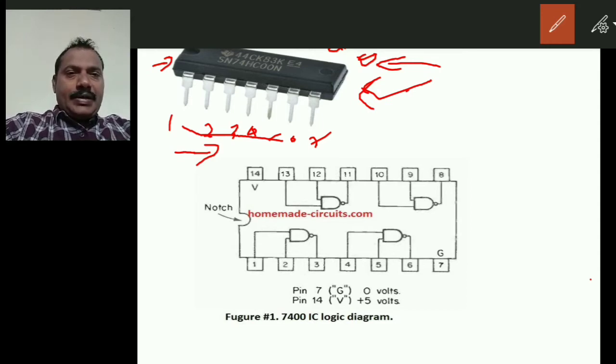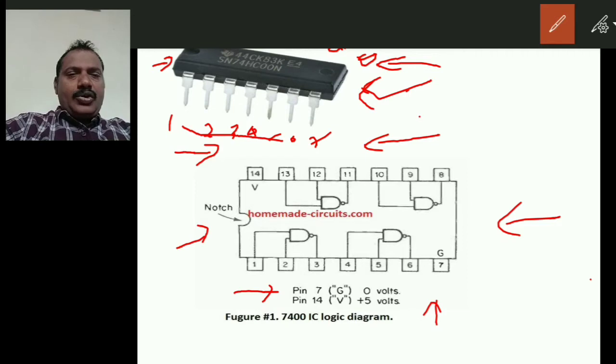Here also in the same IC, it is shown like this. Observe the notch in the diagram, and this is the physical, actual IC. These are the pins 1, 2, 3, up to 7, and up to 14. It is counted from bottom to top on one side, and from top to bottom on the other.